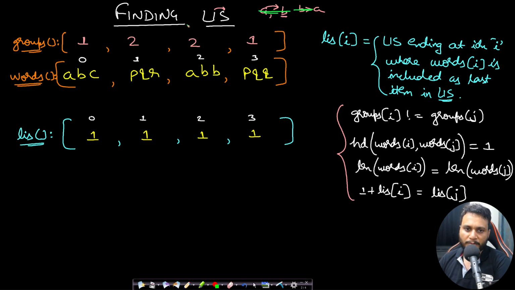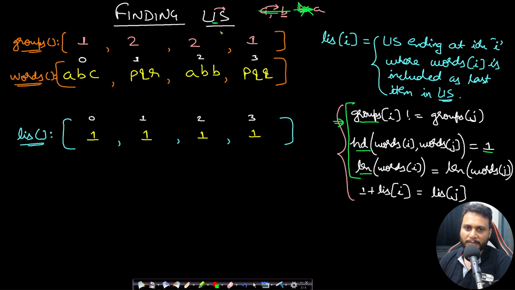Now in this particular problem, there is a different set of conditions, but again we are trying to find the longest subsequence, not an increasing one, but based on the 3 conditions we saw: the adjacent groups not being the same, the adjacent Hamming distance always being 1, and the adjacent items always having the same length. If these 3 conditions pass, then instead of b being greater than a, if you just replace that condition with these 3 conditions, it is the same problem as the longest increasing subsequence.